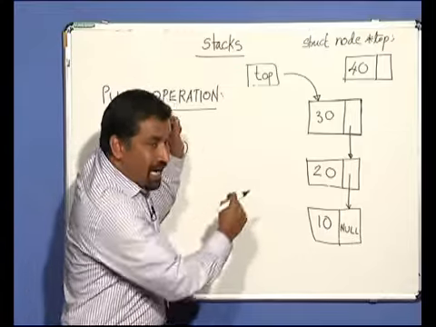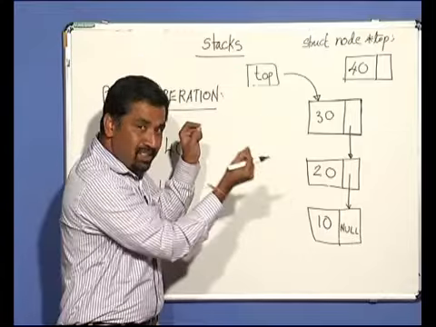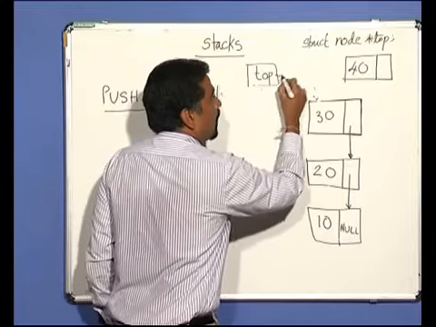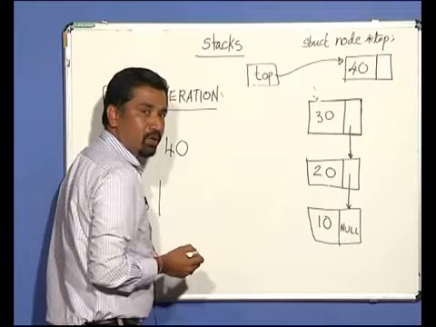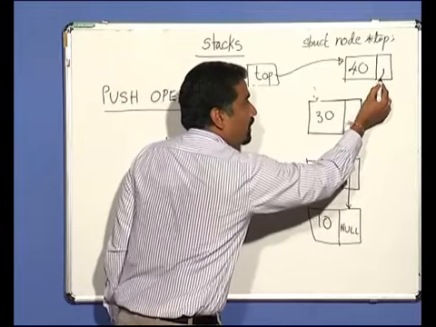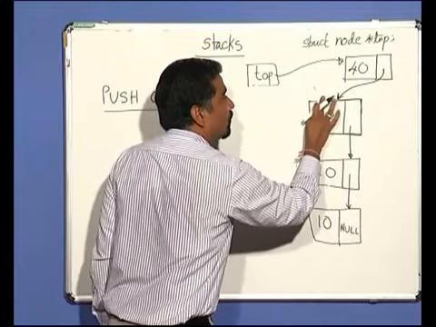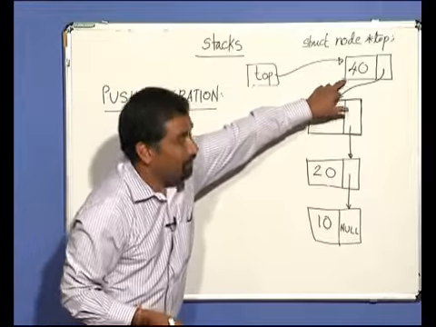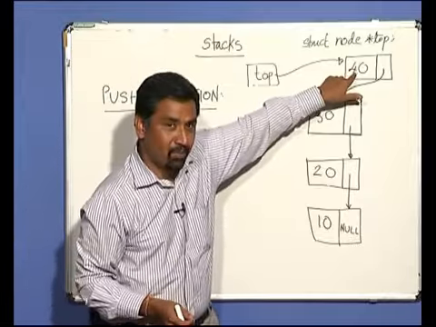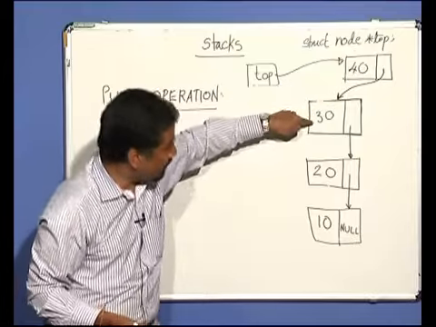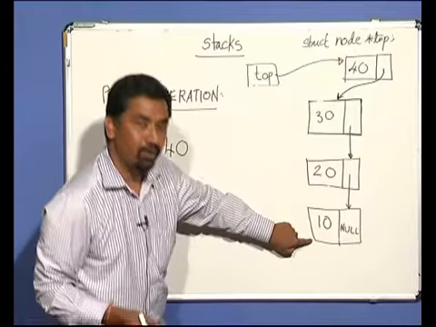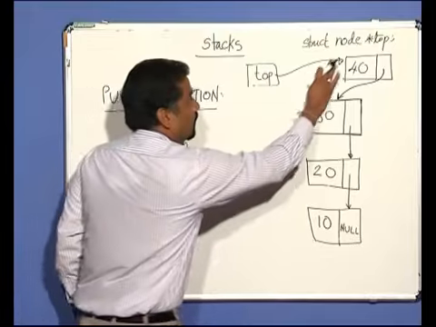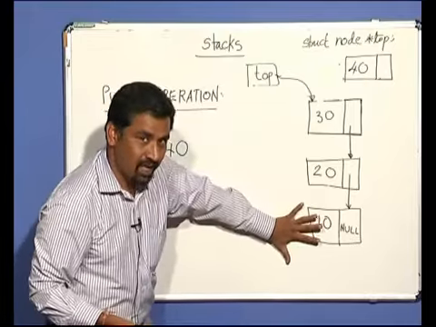Now we must arrange the pointers in such a way that the top must point to the new node, and the pointer field of that will point to the previous top node. So now the 40 element will become the top node, that will point to the previous top, that will point to 20, that will point to 10, so on and so forth. So again to repeat, this is the existing stack.